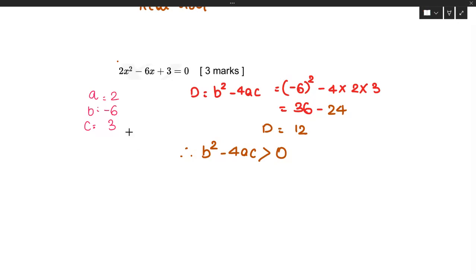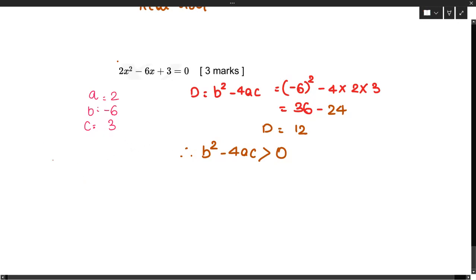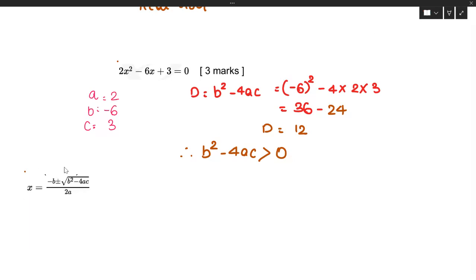Now we will use the distinct real root formula. What was the formula for distinct real roots? Correct. Minus b plus or minus root of b square minus 4ac upon 2a. So let's substitute it now.